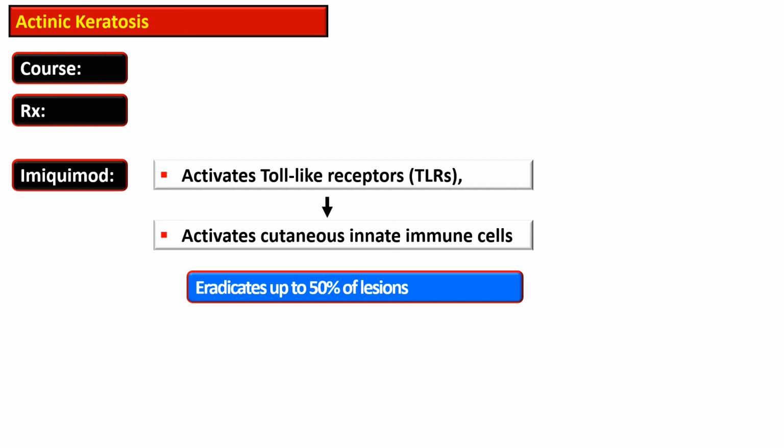Imiquimod is given twice weekly for about 6 weeks, and it causes cytokine dermatitis, and due to cytokine dermatitis there is local irritation and erosion, but this drug is highly effective and eradicates up to 50% of the lesions.